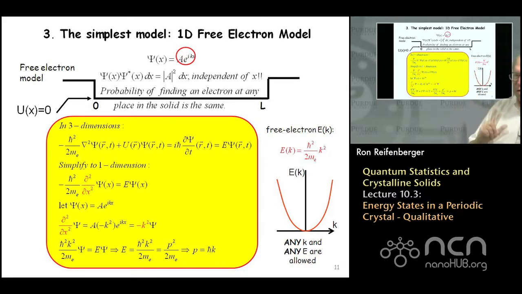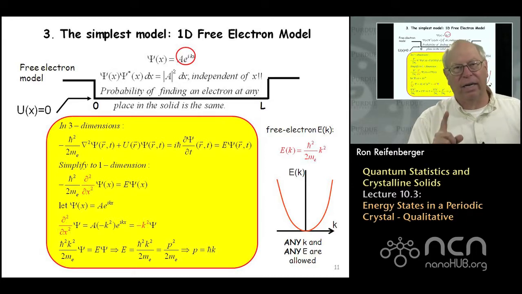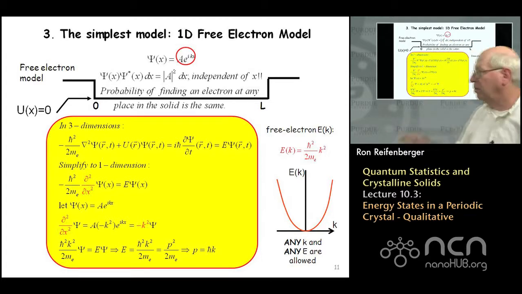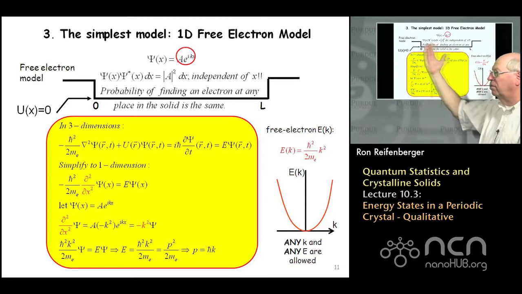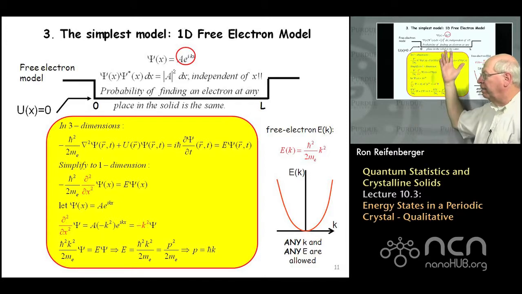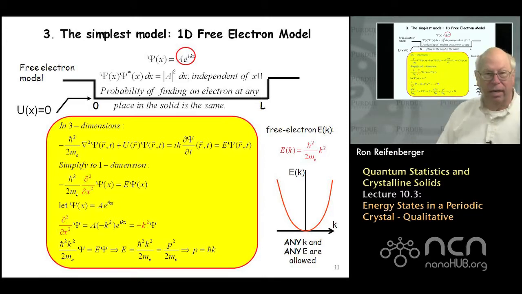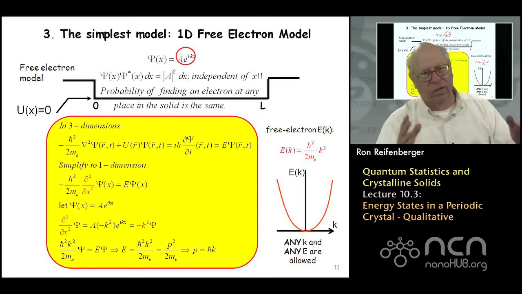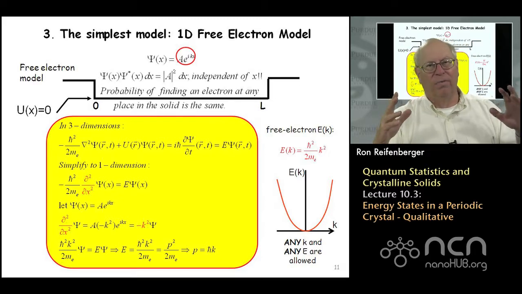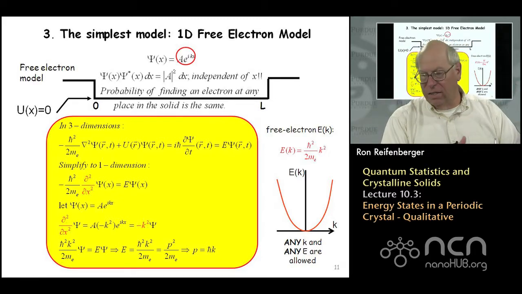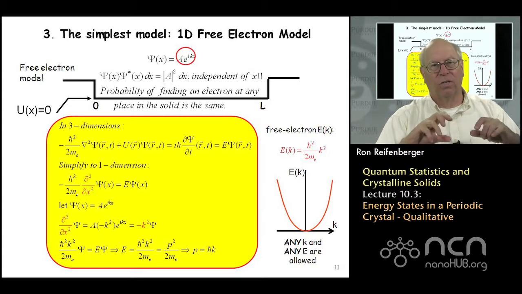So the important thing to remember is any k is allowed and any energy is allowed in the free electron model. The electrons are completely delocalized over the extent of the crystal. And that's what the prediction is. Now that's clearly an approximation. And what we're going to do in the next set of lectures is slowly start to correct that approximation.